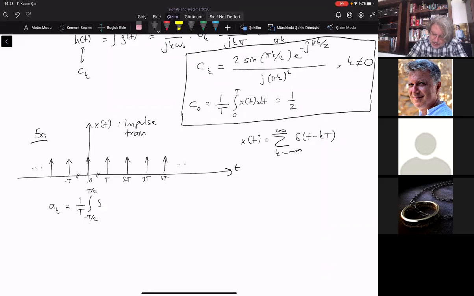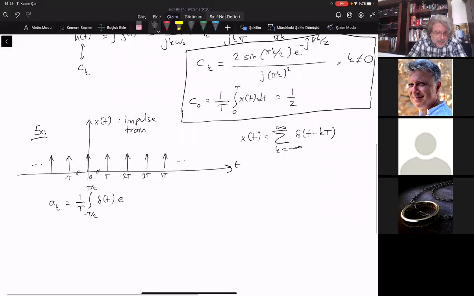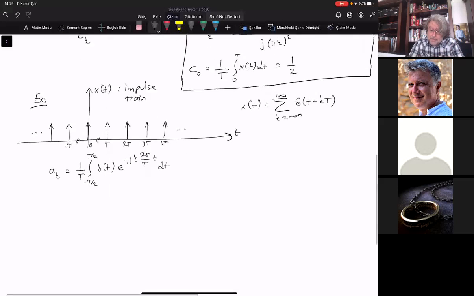Inside it, the signal is that single impulse, delta t, multiplied by e to the minus j k omega 0, which is 2 pi over capital T, t dt. So this is the integral, the formula.